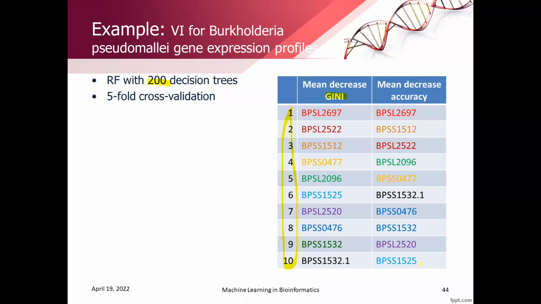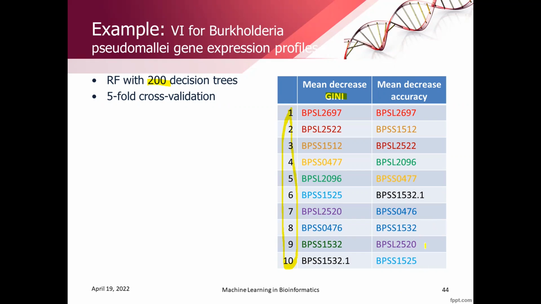So we use random permutation of the attribute. What can be seen? The set of the top 10 attributes with respect to variable importance computed by the decrease of Gini is the same as the top 10 attributes obtained by computing the mean decrease of accuracy. But their ordering is different.